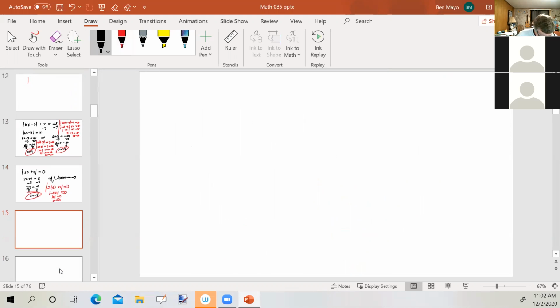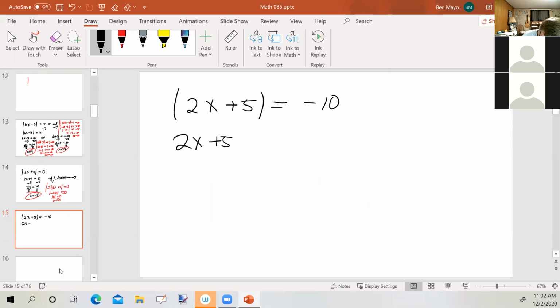And another case, let's say we have an absolute value equal to a negative number. Well, let's see. That means either 2x plus 5 equals -10, or 2x plus 5 equals the opposite of -10.